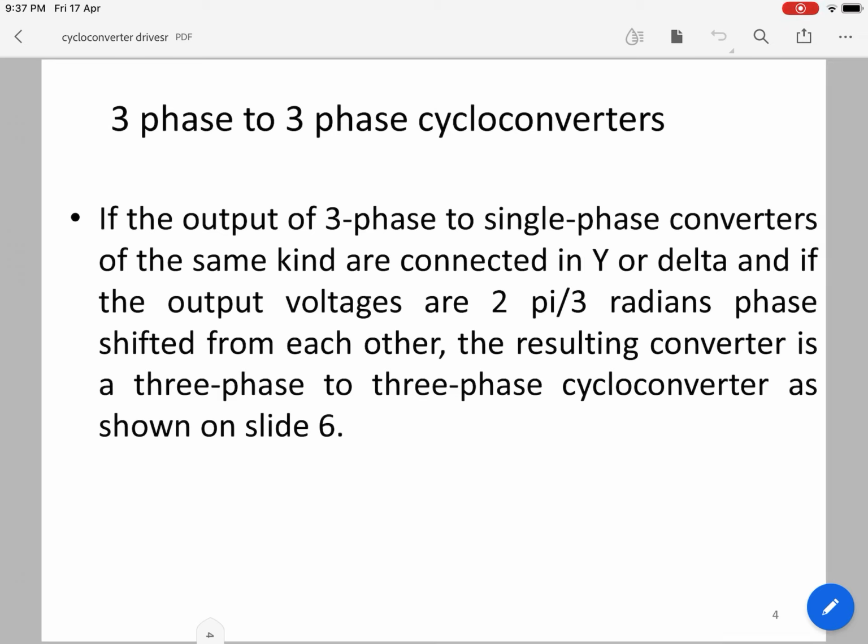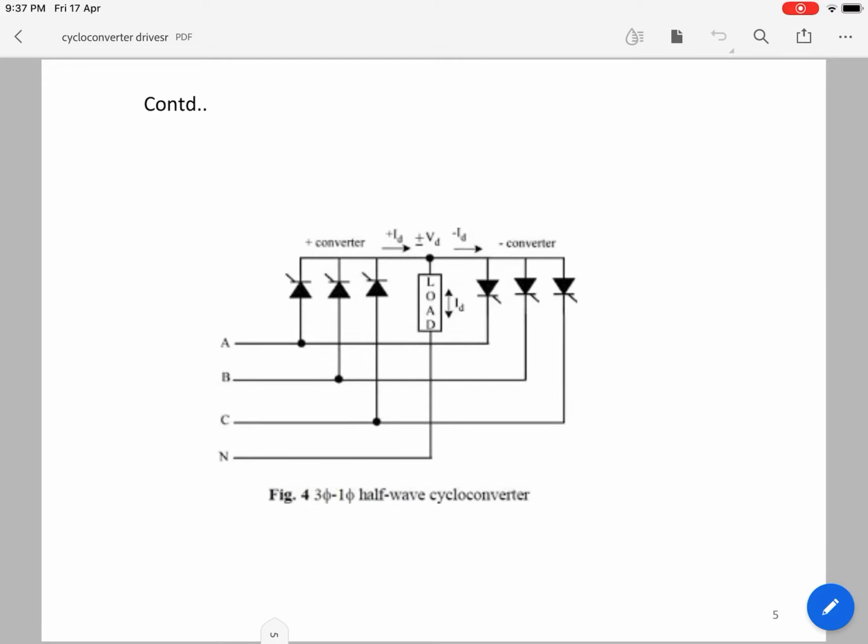Now for three phase to three phase cycloconverters, if we take three phase to single phase converters of the same kind, like the three phase to single phase half wave cycloconverter given in this figure, it uses 6 thyristors.